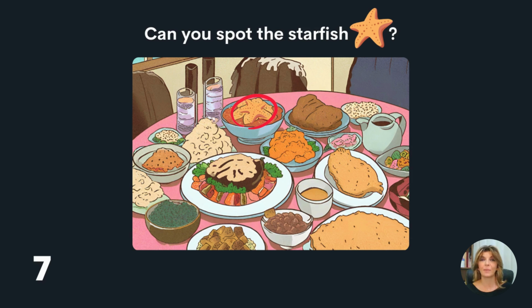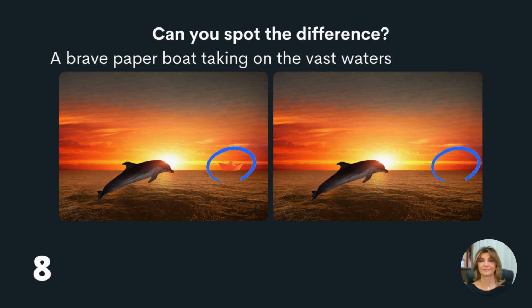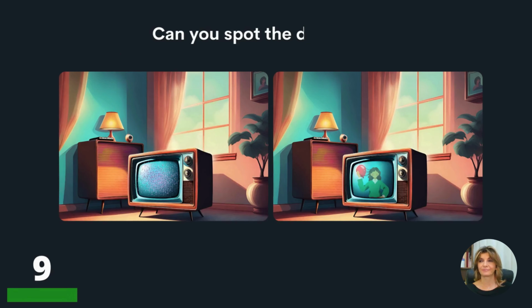And there it is in the bowl, the starfish. Question 8. Can you spot the difference here? And there we have a little paper boat in the ocean.